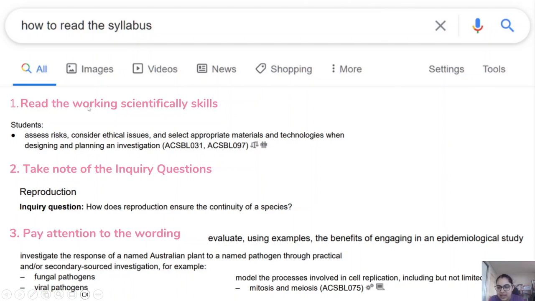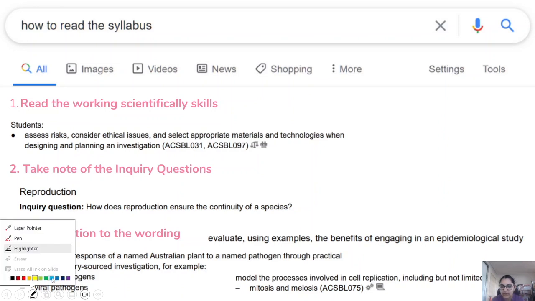For example, students assess risks, consider ethical issues, and select appropriate materials and technologies when designing and planning an investigation. So in an exam, for example, you could be tested on this. And I'm just gonna get my highlighter out. Okay.